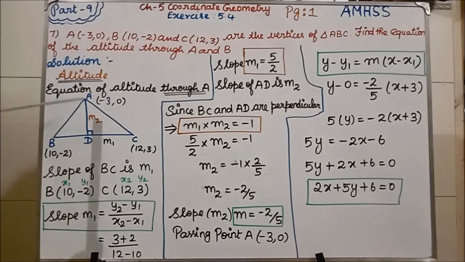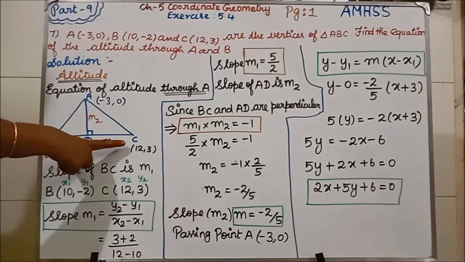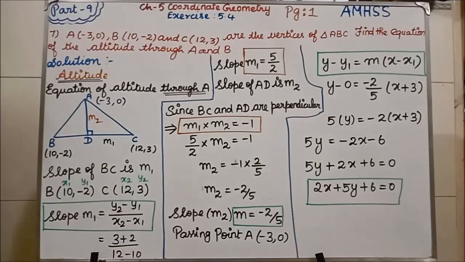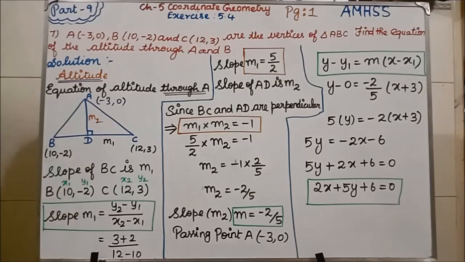Now see here, altitude means perpendicular, I have told you. Since here M1, this is our base, where this altitude is perpendicular. AD is perpendicular to what? BC. Isn't it? Perpendicular means what is the formula? M1 into M2 is equal to minus 1. That is our perpendicular formula. See here, this line is M1. So this AD, altitude line, is our M2.